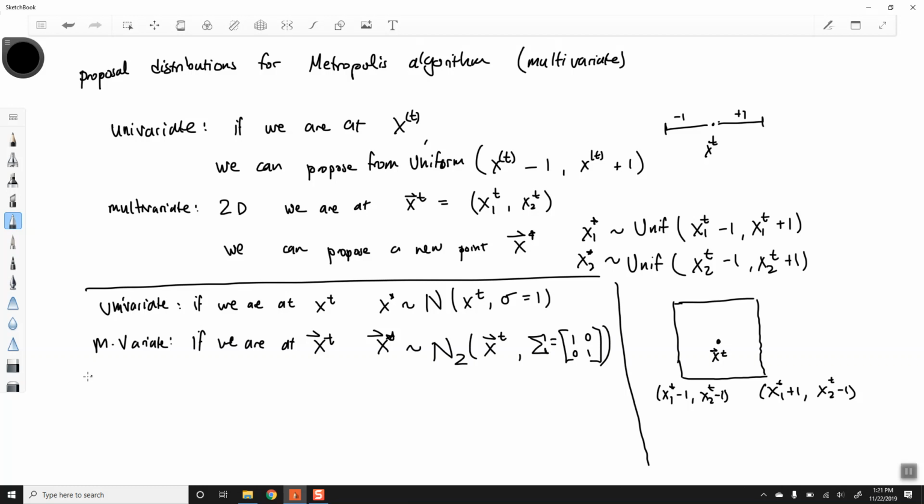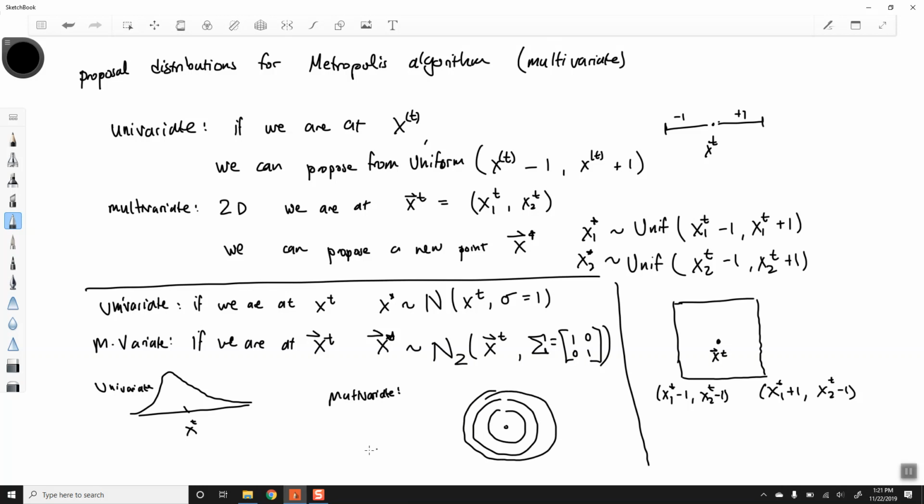So for the univariate, you're currently at xt, and you're going to propose values near xt, and for the multivariate, you're at xt, and it's the Gaussian thing, right?